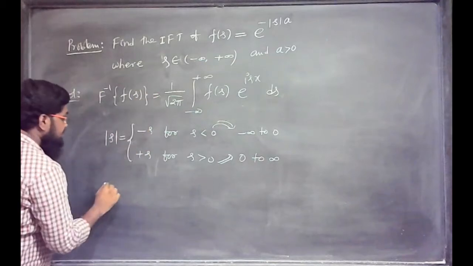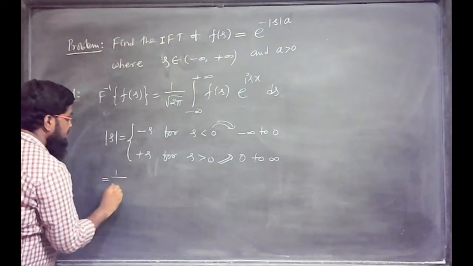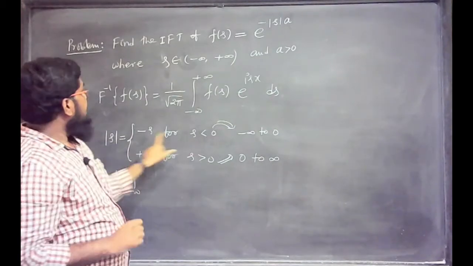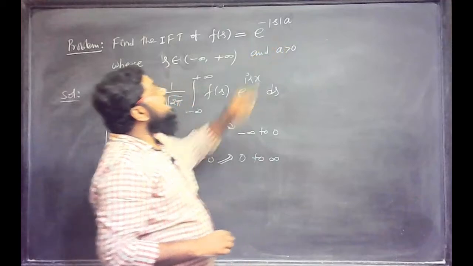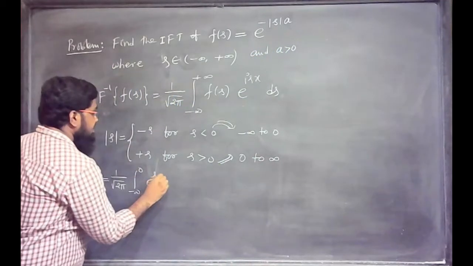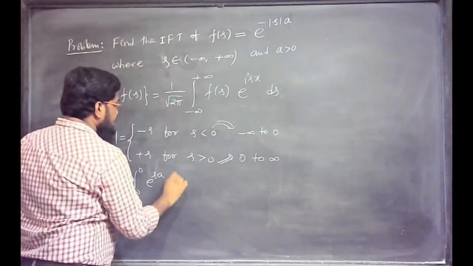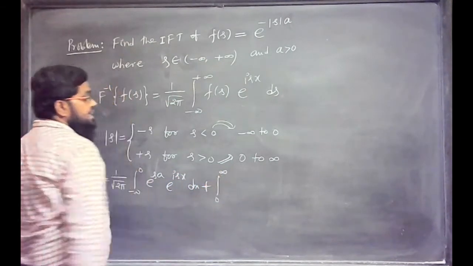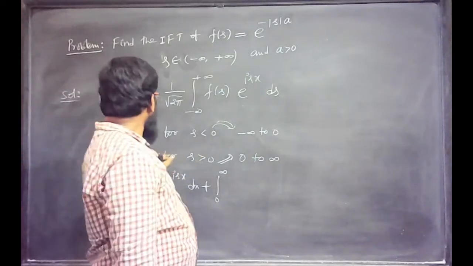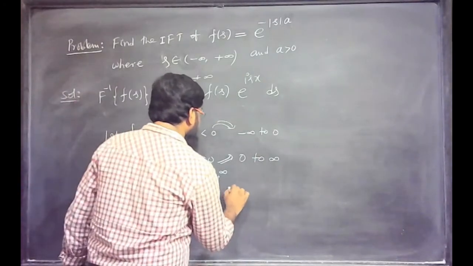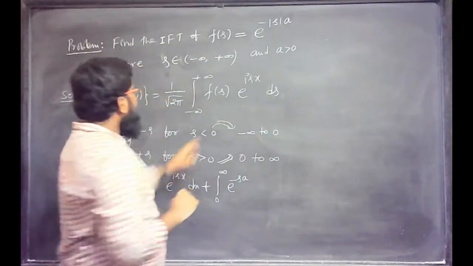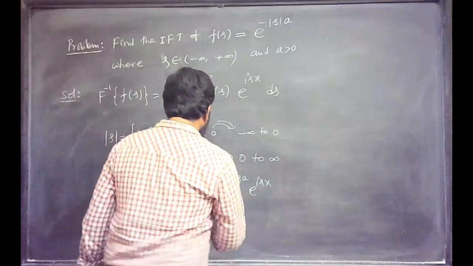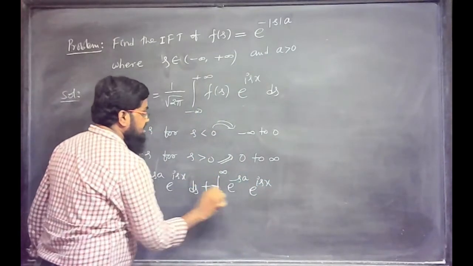So then I get 1 by root 2 pi, the integral from minus infinity to 0 of e power s a, into e power isx, plus the integral from 0 to infinity of e power minus s a into e power isx. I am sorry, it is not with respect to x, it is with respect to s.